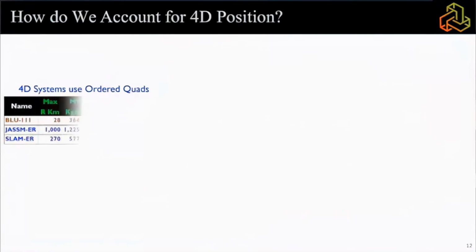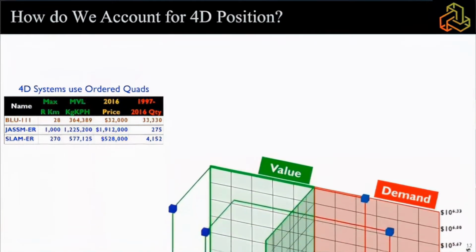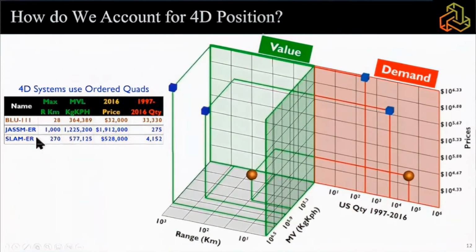And so if we look at specific products in that market, shown here, we've got one bomb, the Blue 111, and a couple of missiles, the JASSM ER and the Slammer. What this means is we're looking at their range. So, for example, if we start out with the Blue 111, here's the range. It goes 28 clicks. Here's 10 to the 1, so there's 10 clicks, and here it is at 28 clicks. There's 10 to the 2, 100 clicks. It goes 28 kilometers. It's got this momentum term.